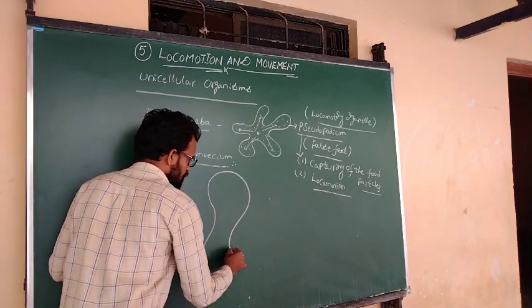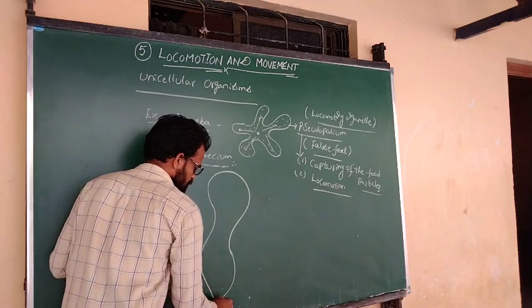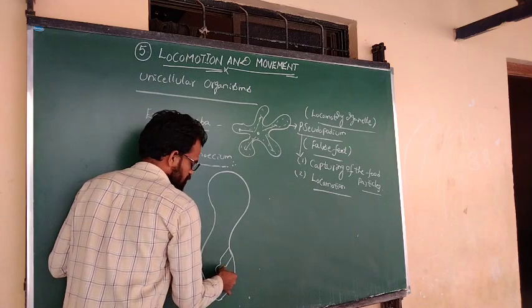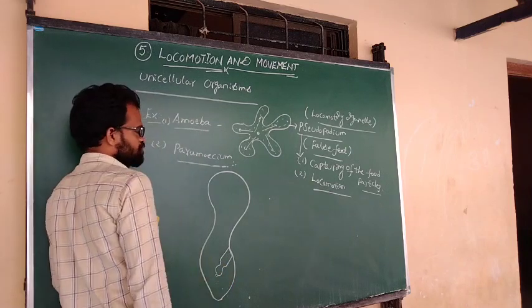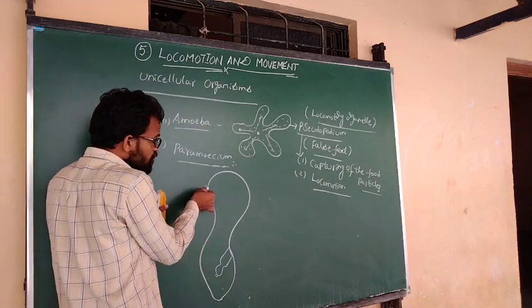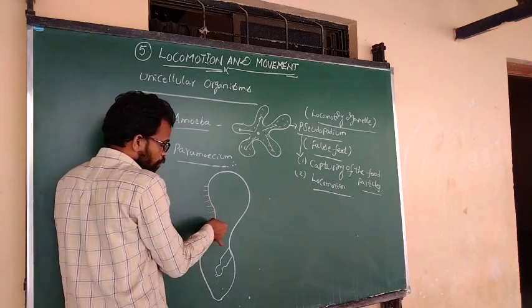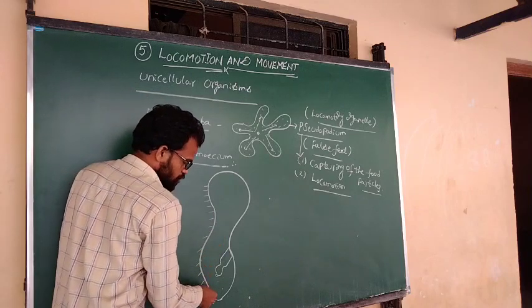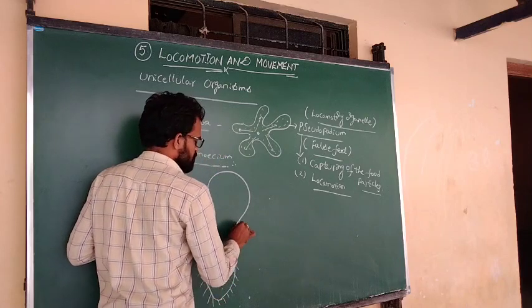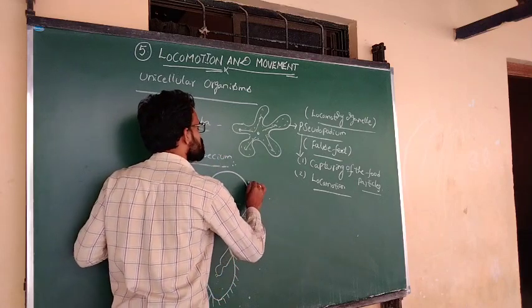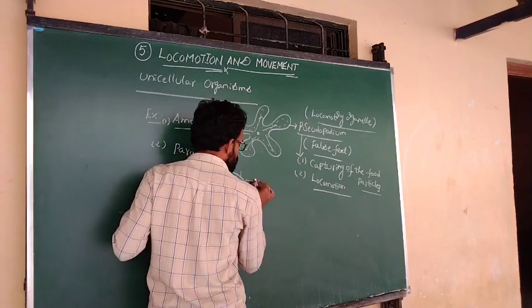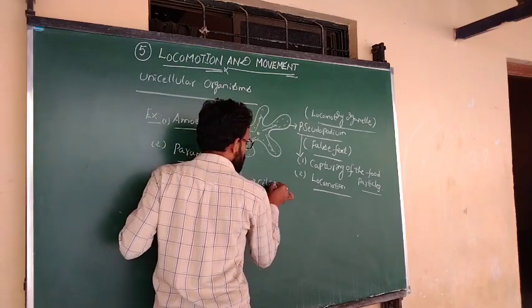The Paramecium is also known as slipper animalcule. The outer surface of its entire body consists of small hair-like structures, known as cilia.